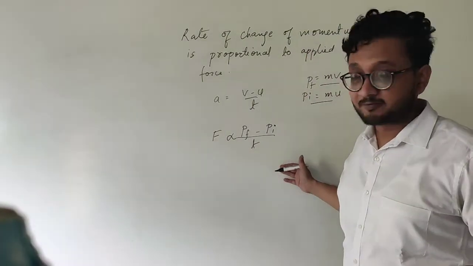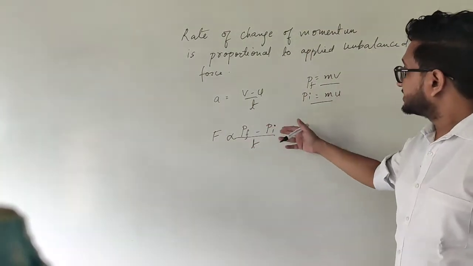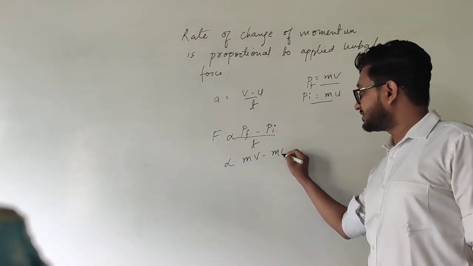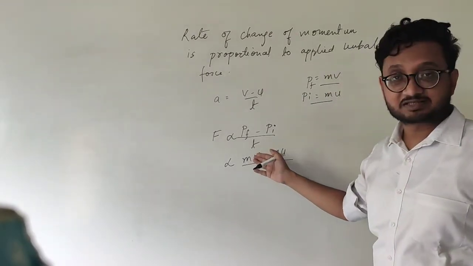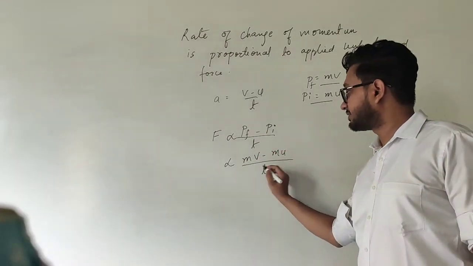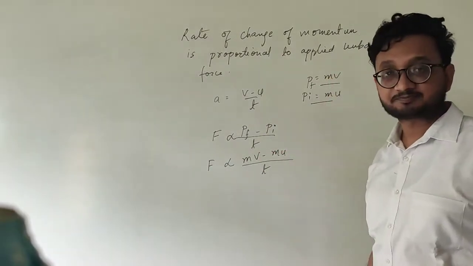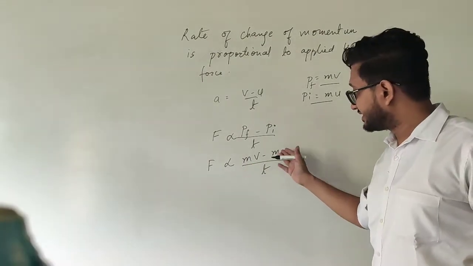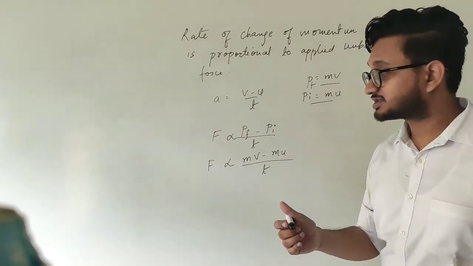Now we move forward. We know that the final momentum and initial momentum are given by m into v minus m into u, where v is final velocity, u is initial velocity upon time t, as it is. Okay? Now, next part, taking mass as common because we are talking about the same object.